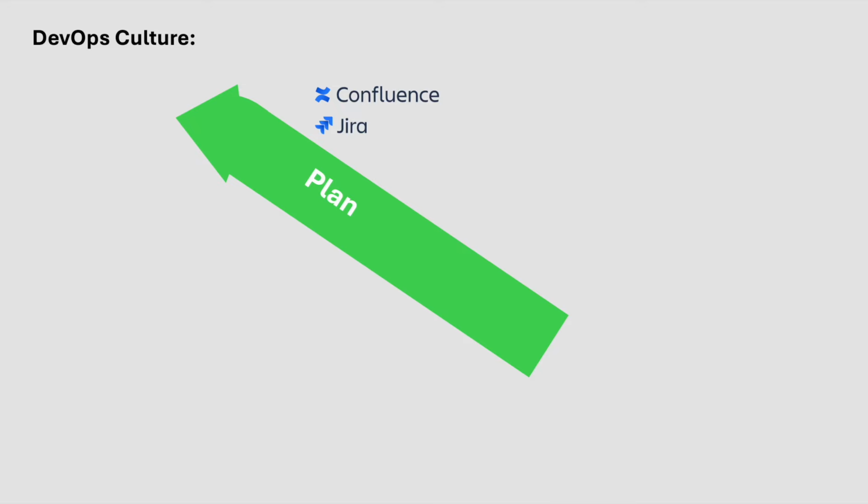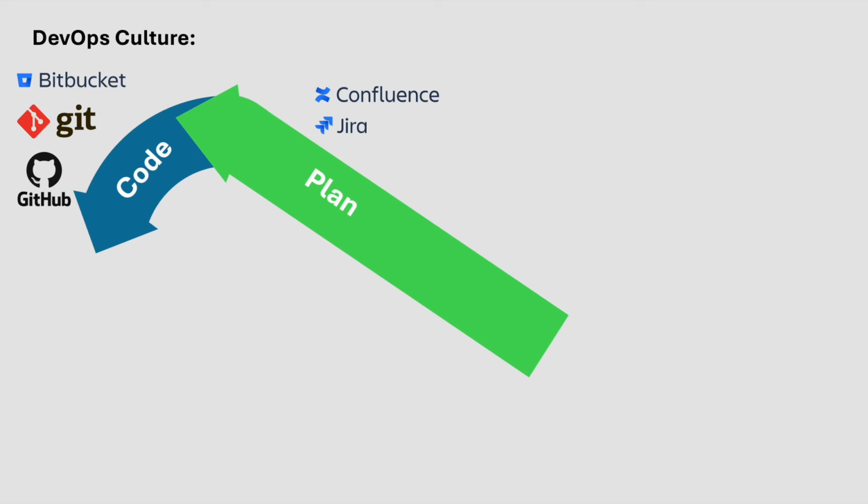Once the planning is complete, developers get to coding with the big picture in mind. They understand that their code must run on production servers, not just on their machine. They collaborate with operations early, writing infrastructure ready code. They use GitHub or Bitbucket to host the code and tools like Chef or Ansible to ensure the code behaves consistently across all environments.